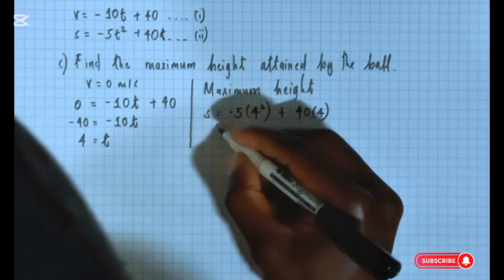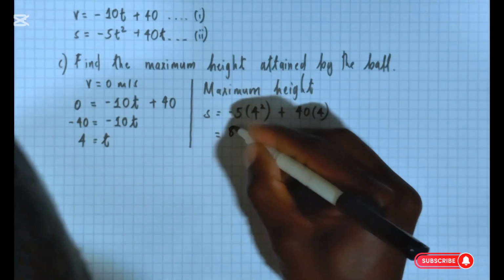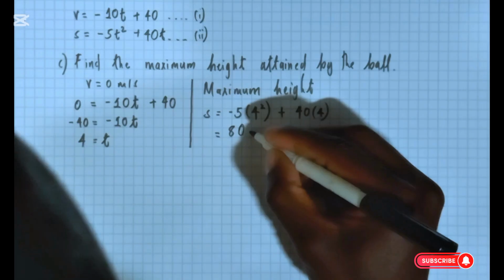So that's -5 times 4 squared, plus 40 times 4, into your calculator. And you are expected to find 80 meters.